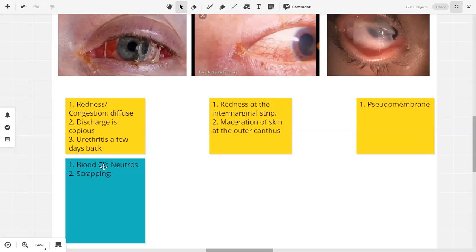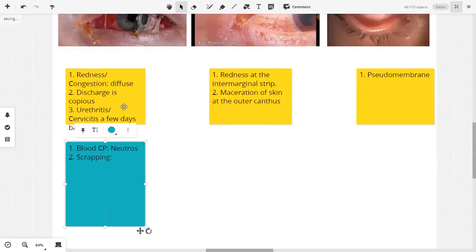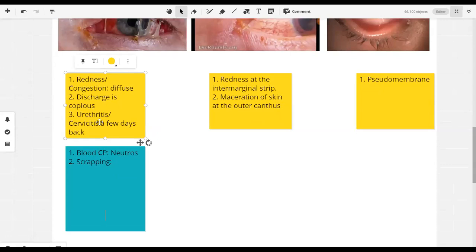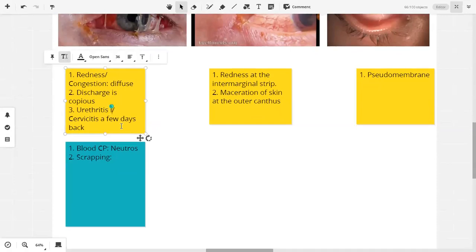Which microorganisms cause urethritis? E. coli. E. coli, that's good. Or if it's a female patient, cervicitis. Urethritis or cervicitis? Urethritis is in males and cervicitis in females.